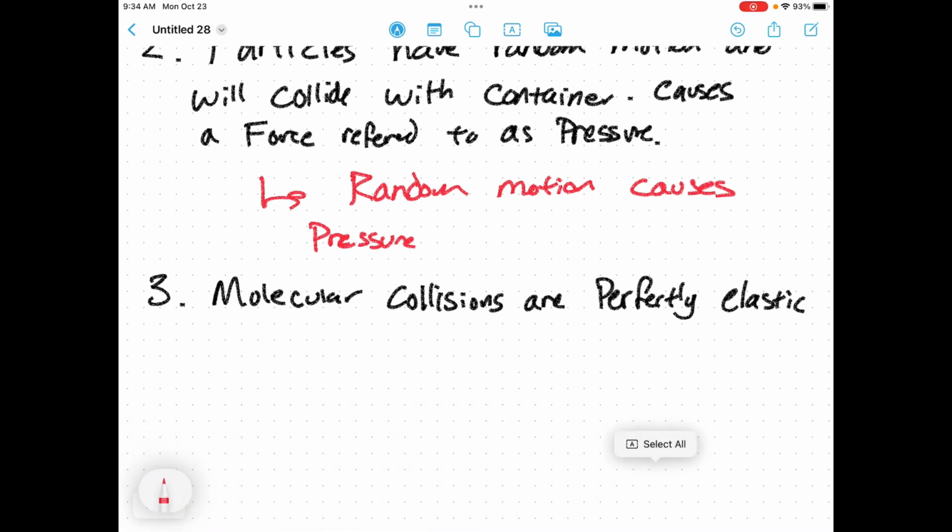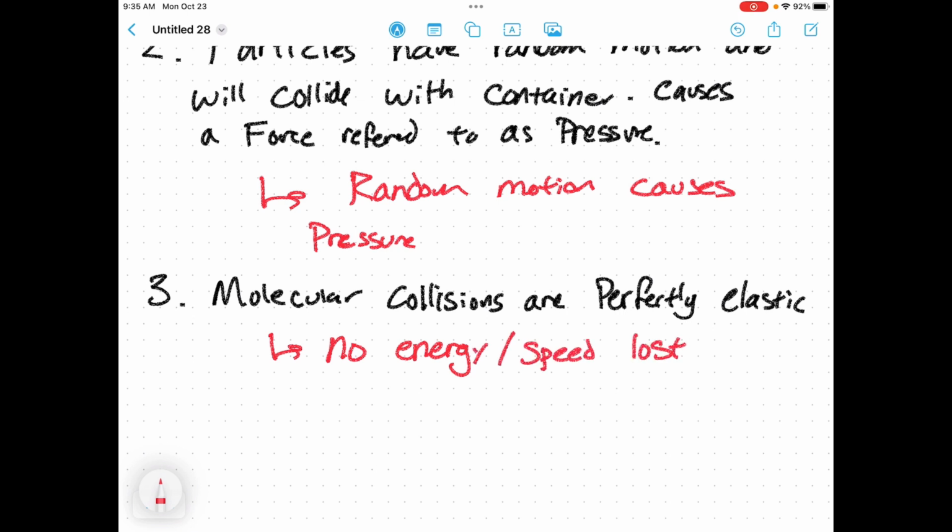And then we're just going to simplify that idea: no energy or speed is lost as molecules move in their container.